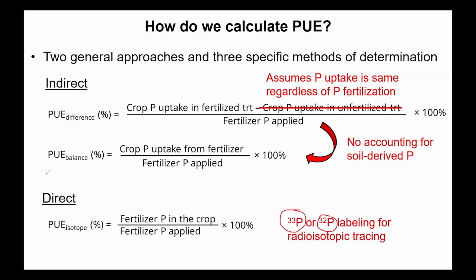And what we're doing is that we are synthesizing a fertilizer and we're labeling it radioisotopically. So we're measuring directly the fertilizer phosphorus by virtue of the label in the crop divided by how much we added. Hence the direct approach. This arguably is the quote unquote real PUE.